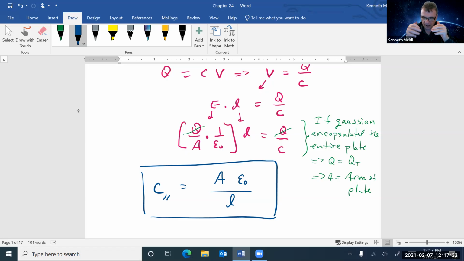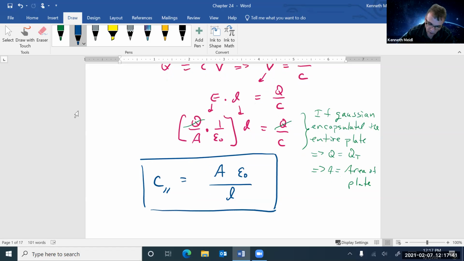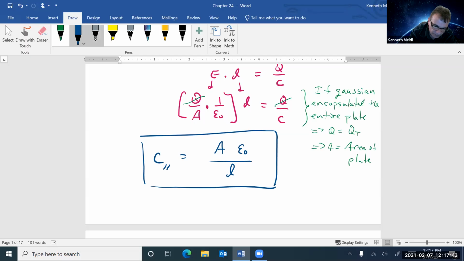In other words, just about the entire geometry of the plate system is showing up here, right? So these two guys right there have to do with the geometry of the plates.